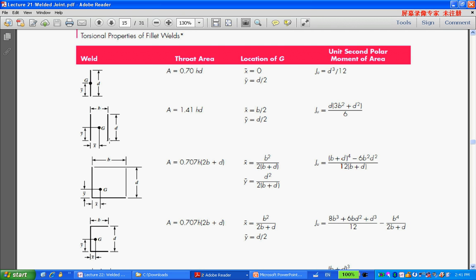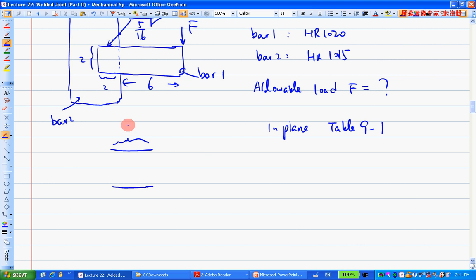So the geometry here, this is a D, this is a B. In this case, they're all 2, so lucky enough you won't make a mistake, but if they're different, then you got to be careful. Make sure you got the right values for D and B.